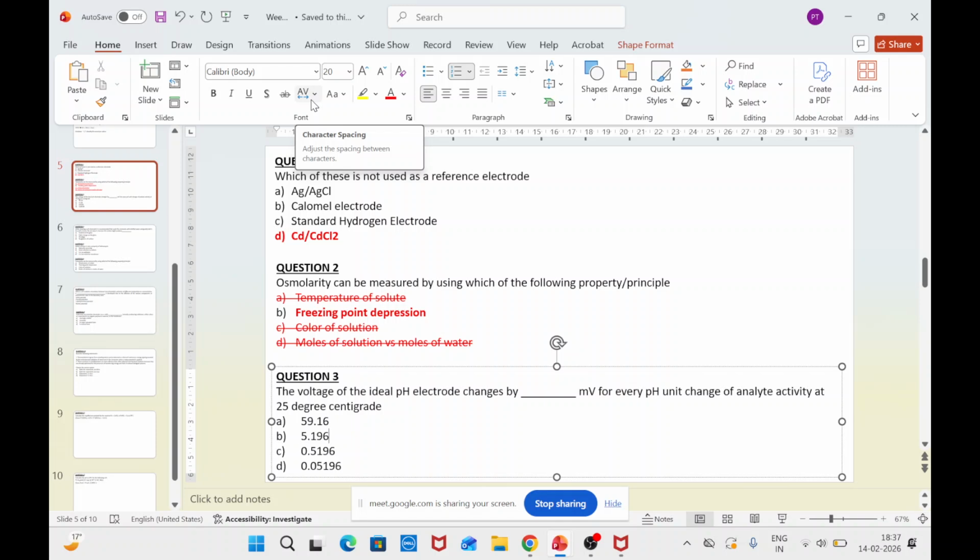Then you'll be able to determine the voltage, I mean, voltage change.